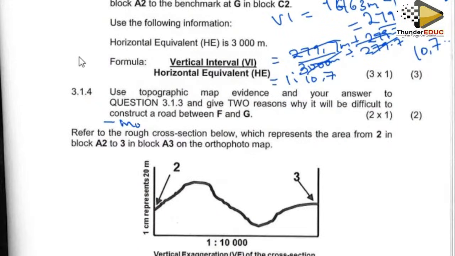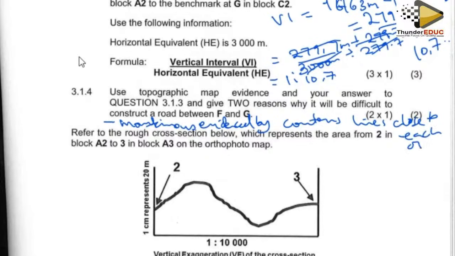So the first evidence from the map is that it will be difficult because the area is mountainous, evidenced by contour lines close to each other. Okay, so that is evidence from the topographic map.